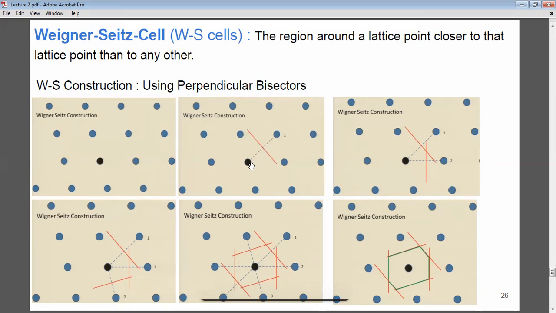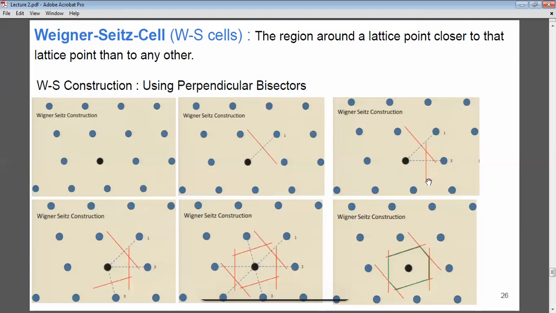Everything here on the lower side is closer to the black point than it is to the blue point. This is the perpendicular bisector. So everything here is closer to this blue point over here. We do the same with another point. So we take point 2 and we do the same.